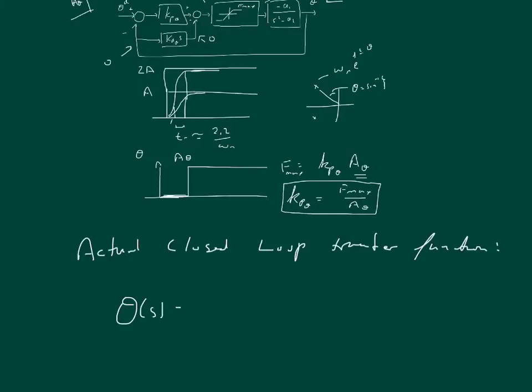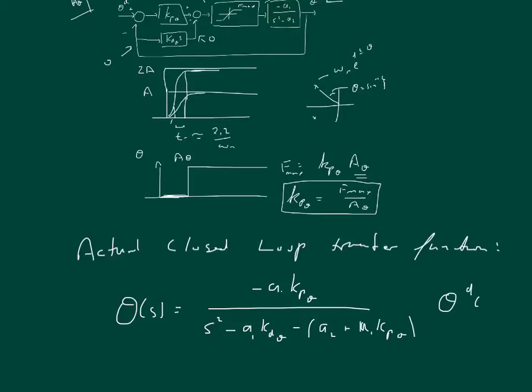Theta of s, after a little bit of manipulation, we get theta of s equals minus a1 Kp theta divided by s squared minus a1 Kd theta s minus a2 plus a1 Kp theta, times theta desired of s.